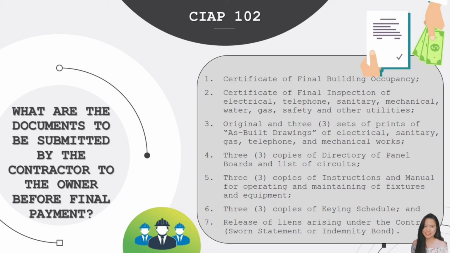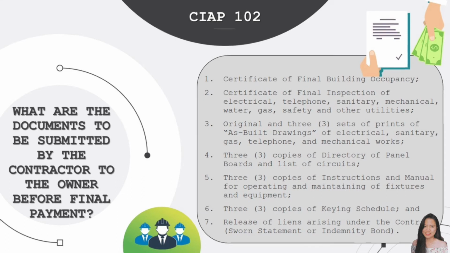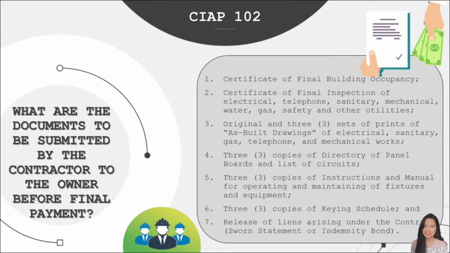Original and 3 sets of prints of as-built drawings of electrical, sanitary, gas, telephone, and mechanical works; 4. 3 copies of Directory of Panel Boards and List of Circuits; 5. 3 copies of instructions and manual for operating and maintaining fixtures and equipment; 6. 3 copies of keying schedule; and lastly, release of liens arising under the contract or the sworn statement or indemnity bond.